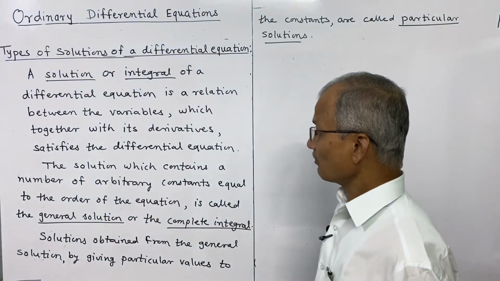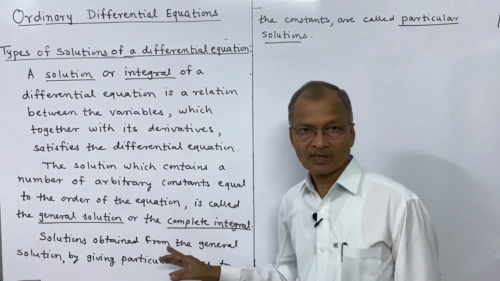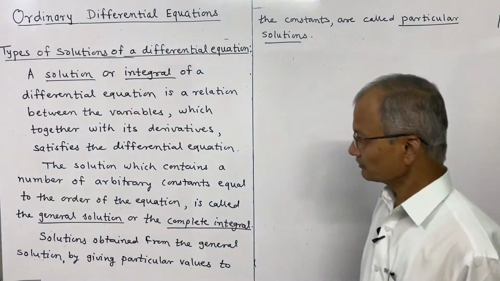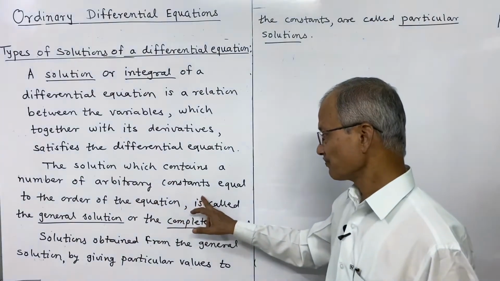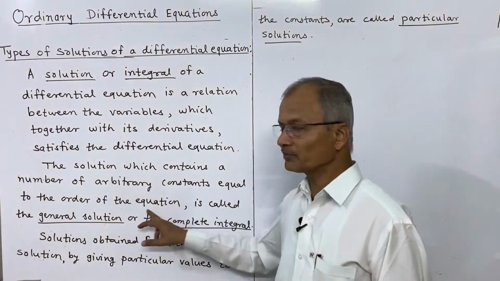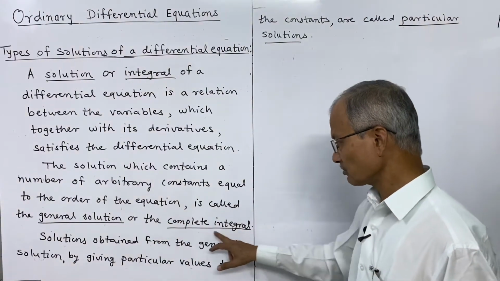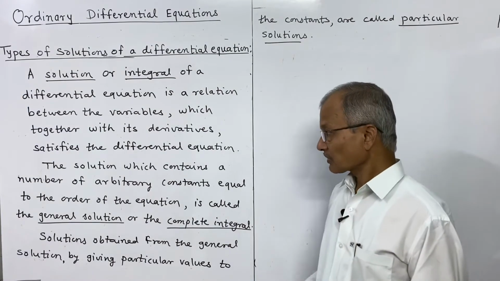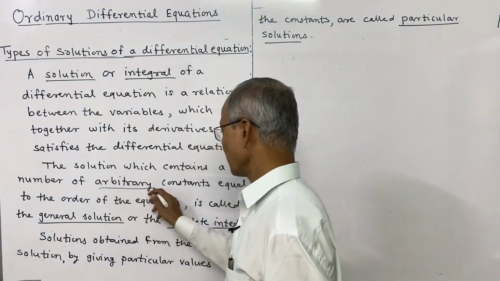Now here we should consider the types of solutions. First is the general solution. The solution which contains a number of arbitrary constants equal to the order of the differential equation is called the general solution, also called the complete integral. So the solution contains arbitrary constants.